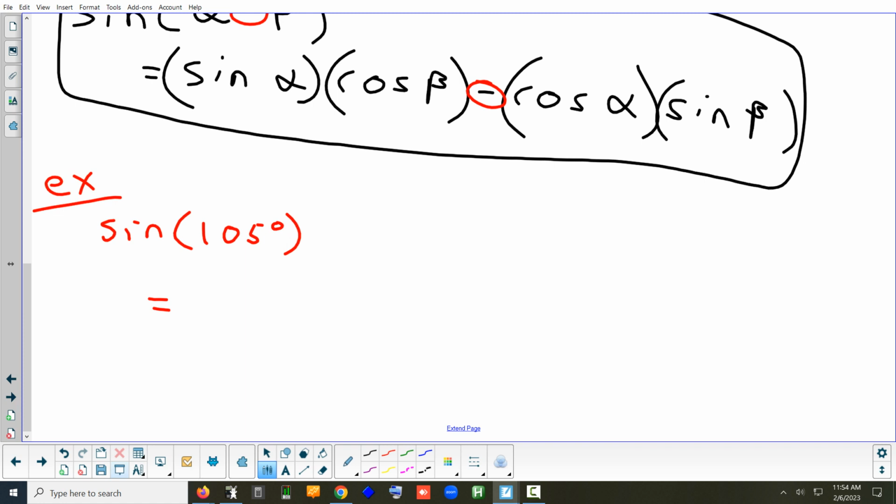Now, if you can see how to split 105 up as a difference, do it that way. If you can see how to do it as a sum, do it that way. It doesn't matter how you do it. It has to be multiples of what for this one? 30 and 45. So if you were doing it as a sum, you could do 60 plus 45.